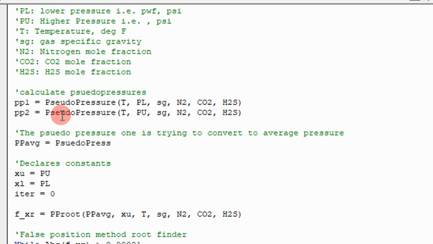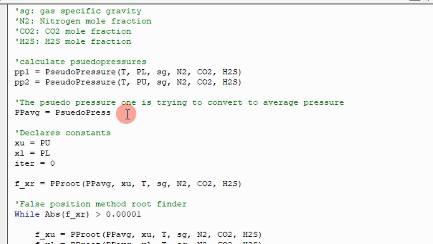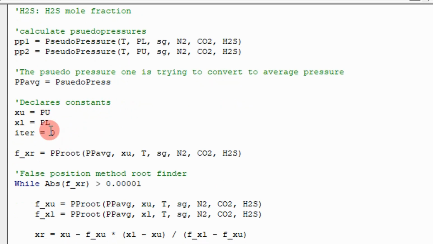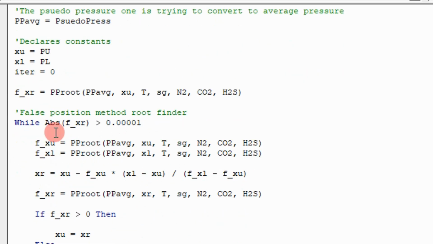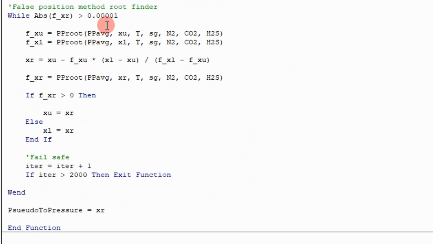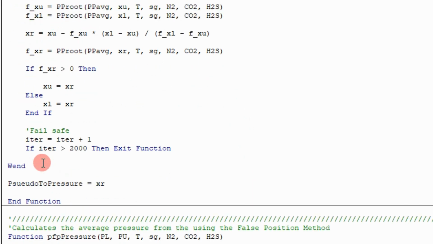It runs your false position method until a criteria is met, and then it stops and returns your root in this case.